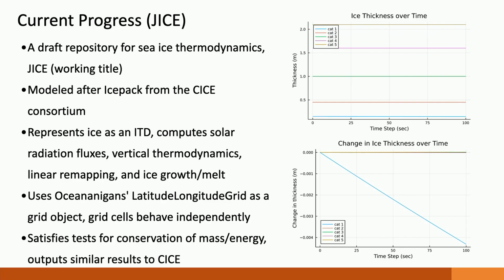But in this particular example, it made sense because when you form new ice and add it into the grid cell, it automatically gets added to category 1, which is the thinnest category. And that new ice is very thin, so it brings the average thickness down within that first category. And so basically these are both sanity checks that make sure that the ice thickness distribution behaves properly within thermodynamic models.